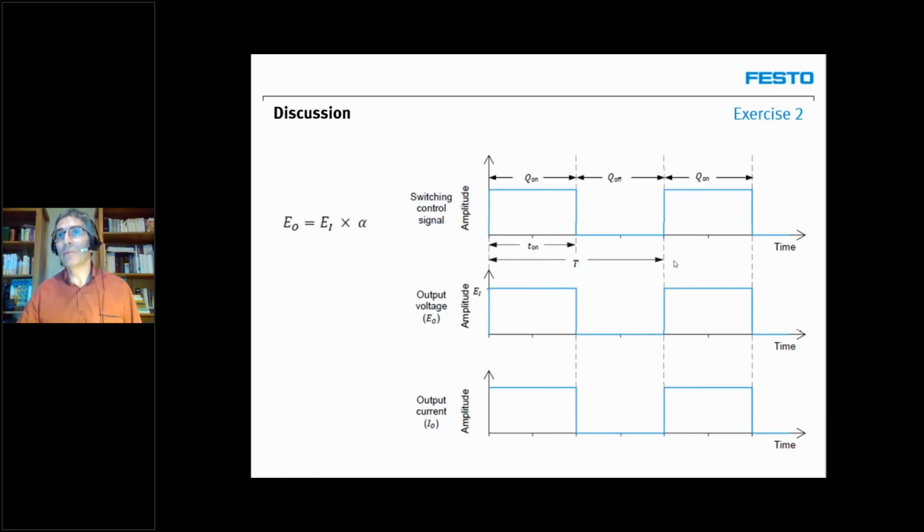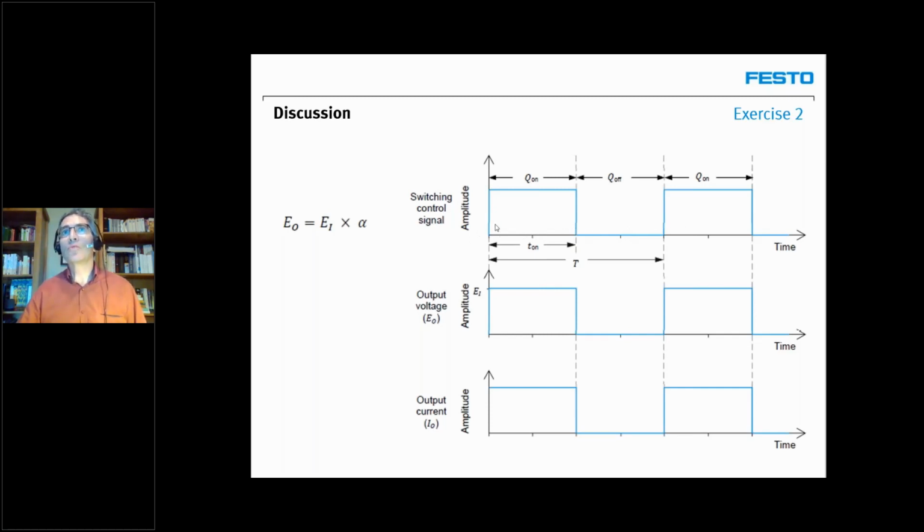So this will be our period, and then part of this period, our transistor might be on for a longer or shorter time. On the graph we see here, it's on for about half of the time and off half of the time.